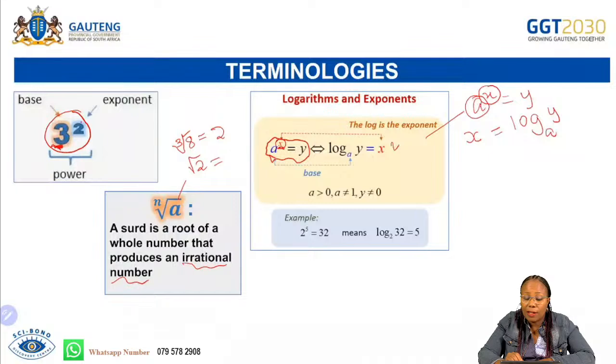That is what is happening in the comparison between an exponent and the logarithm. So they share that relationship. And this a must always be a positive value. Our base must always be positive. And a must not be equal to 1, because the log of 1, do you still remember, is 0. And y must not be equal to 0.